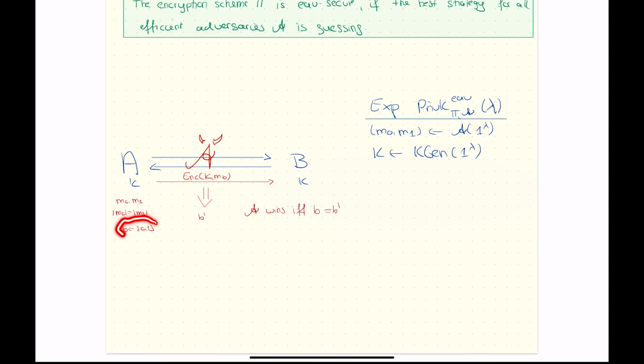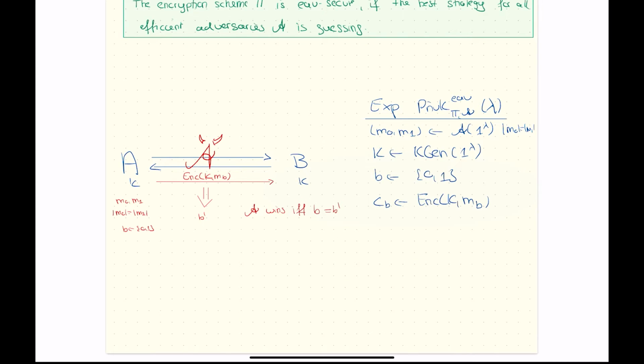And therefore, we need to choose the bit B before. So we are now choosing the random bit B uniformly as follows. Now that we have the key and the bit B, we can essentially compute the ciphertext CB as the encryption using the key K and the message MB. And of course, as we said before, we're assuming that the messages have the same length.